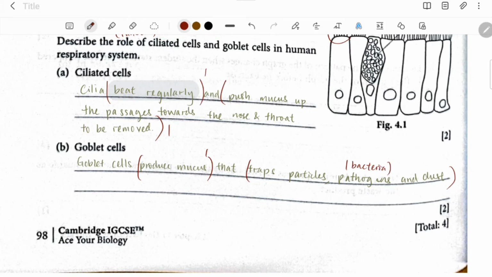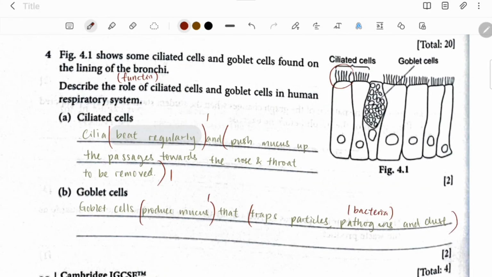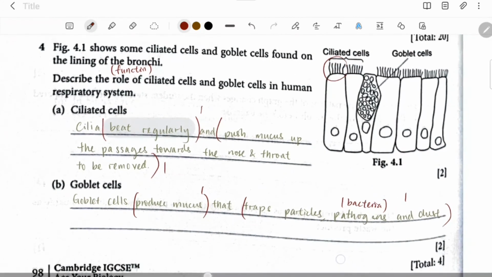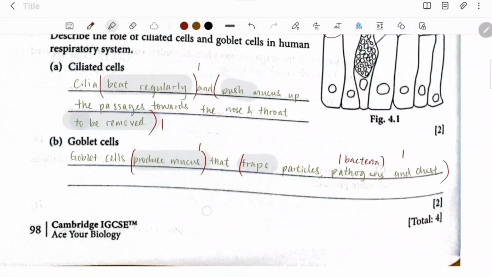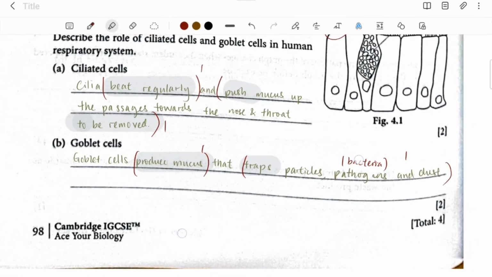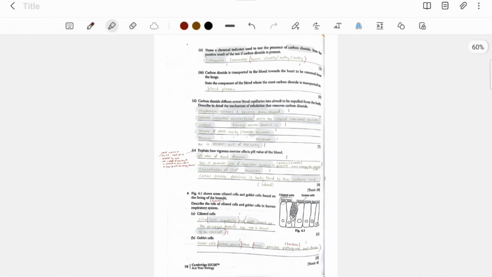So this one is the final mark for the question. So the keywords: beat regularly, and then push to be removed, and then produce mucus, traps. What do they trap? They trap 3 types of things: particles, bacteria or pathogens, and dust. Okay, so that's all for this chapter. So see you next time.